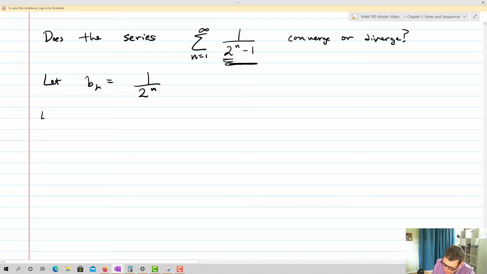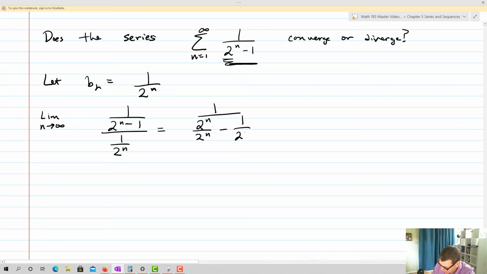And so the limit as n goes to infinity of 1 over 2 to the n minus 1, over 1 over 2 to the n, is going to equal, and what I'm going to do is divide 2 to the n over 2 to the n minus 1, and take that limit as n goes to infinity.